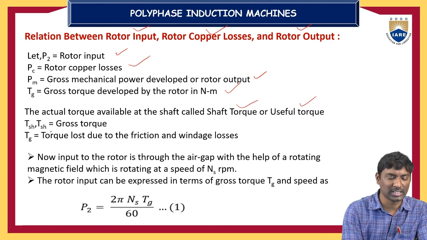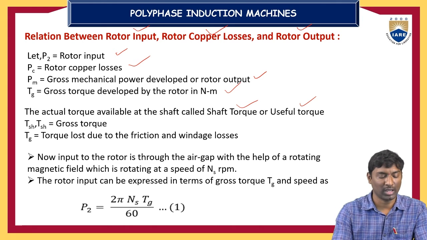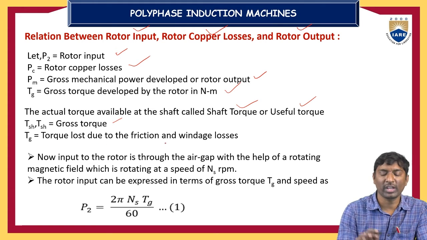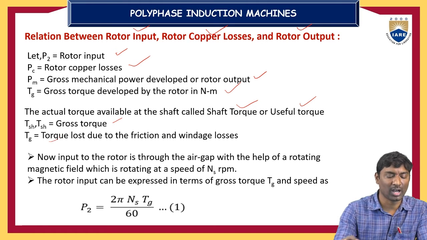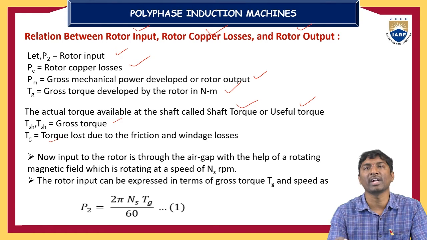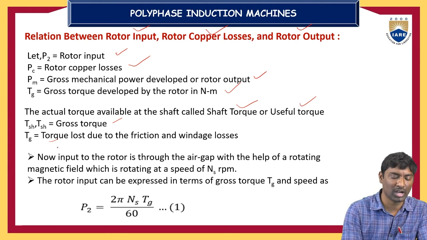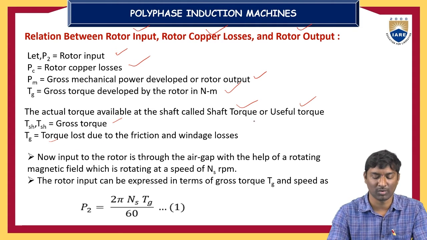That is, TSH is equal to the gross torque minus the torque loss due to the friction and windage losses at the shaft.